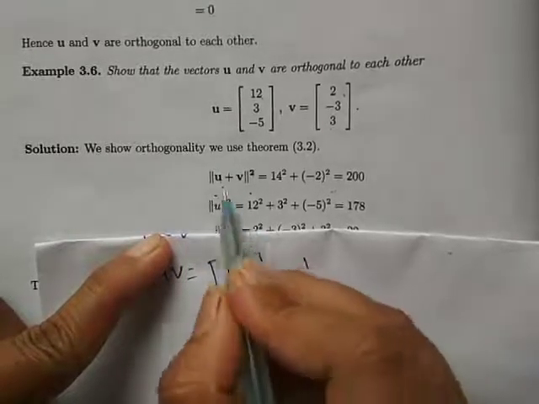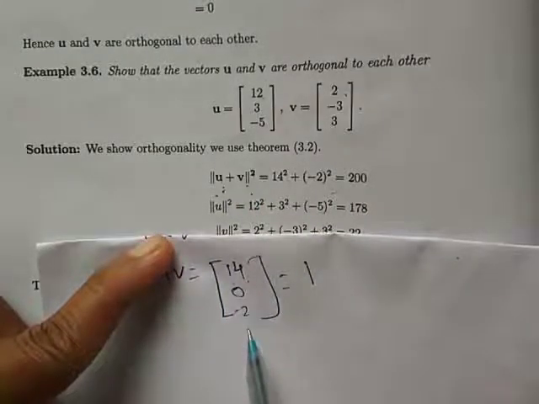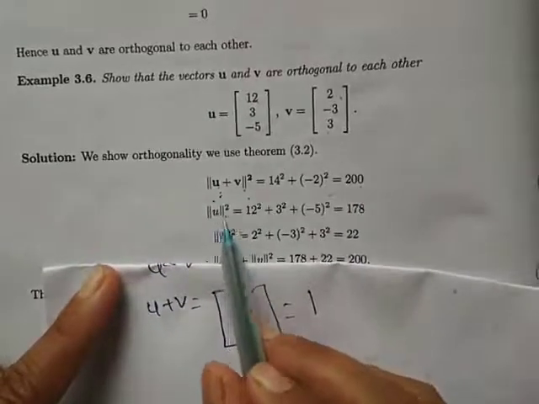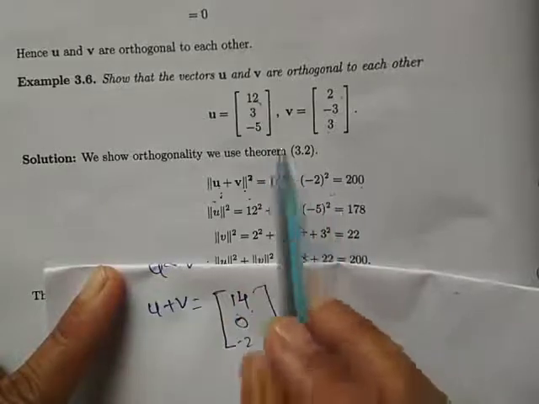So norm of u plus v square is 14 square plus 0 square plus minus 2 square. It is 200. Next is norm u square, means 12 square plus 3 square plus minus 5 square.